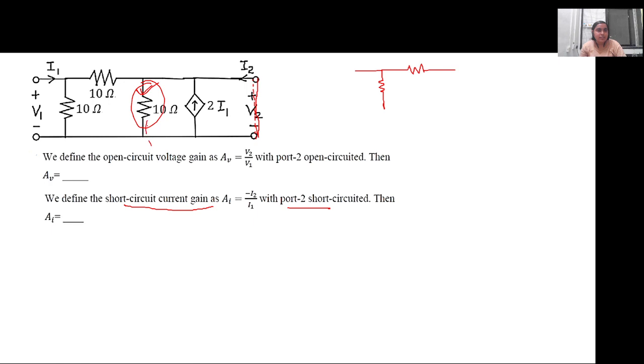There will be no current actually flowing through this resistance because it will take the easier path out. So the equivalent circuit that we will have now is a short circuit.